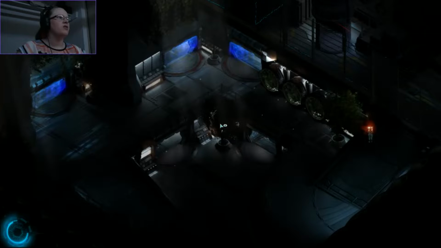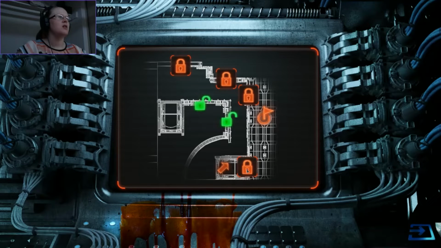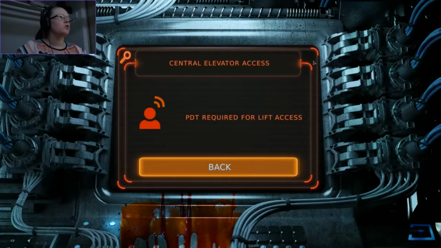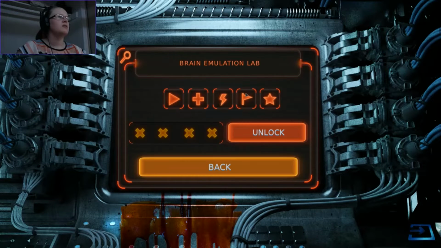Okay, access this. It was the... what is this? Central elevator access, back. What is this? No, I don't have that one. Birthing lab nexus. Okay, I did write this down. So it's plus, lightning bolt, triangle, lightning bolt.